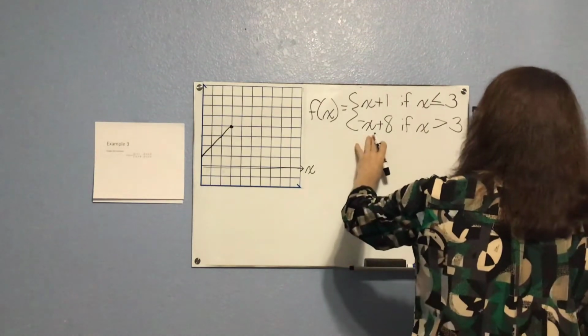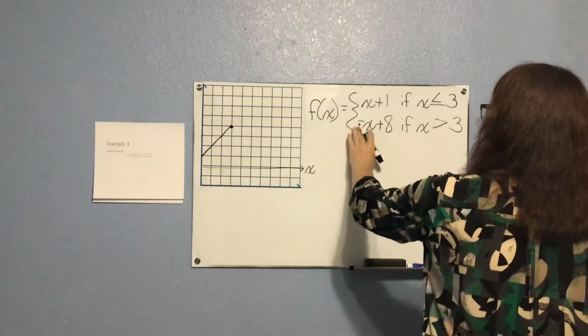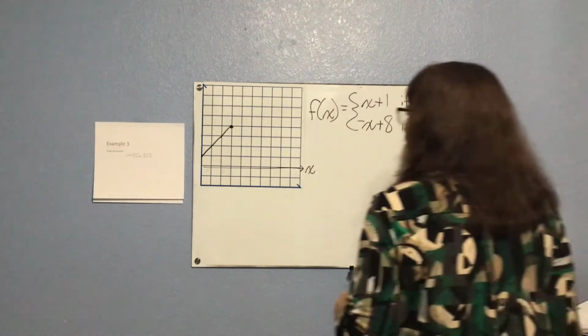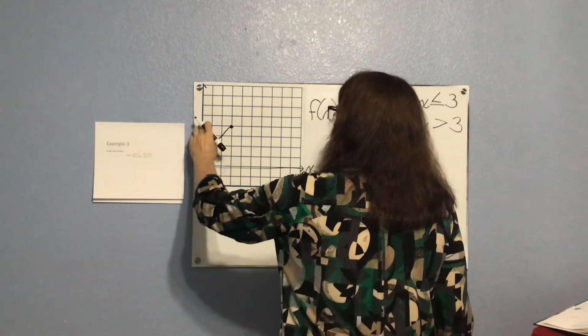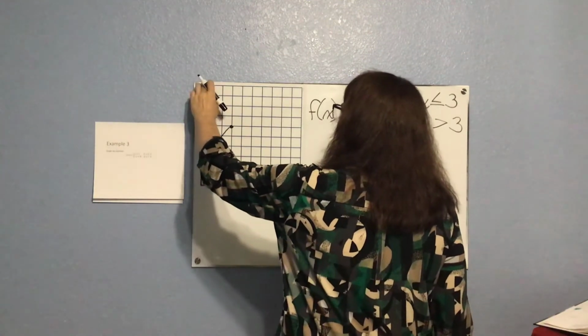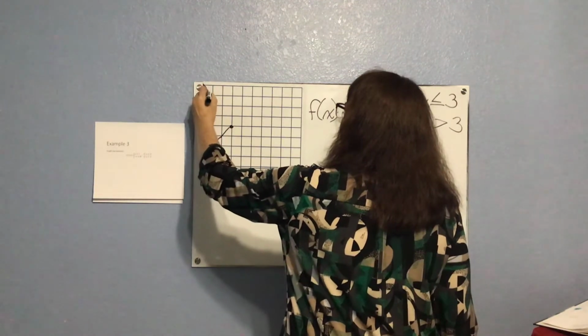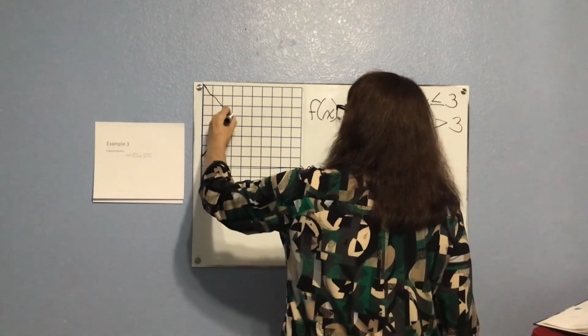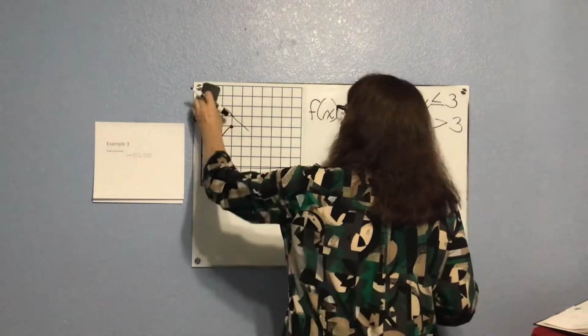My second function has a y-intercept of 8 and a slope of negative 1. So starting from my x-axis, 1, 2, 3, 4, 5, 6, 7, 8. And then the slope, negative 1, is going to go this way.